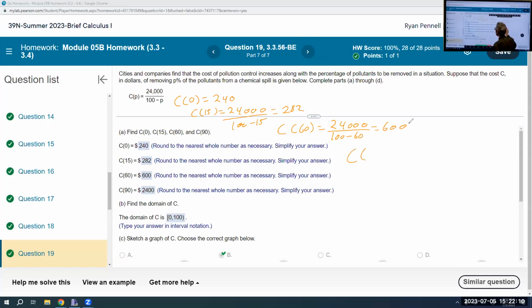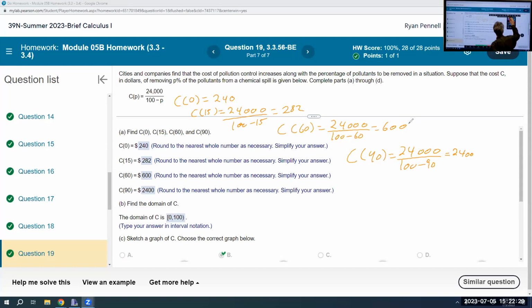And C of 90. That's just 10. All right, find the domain of C.